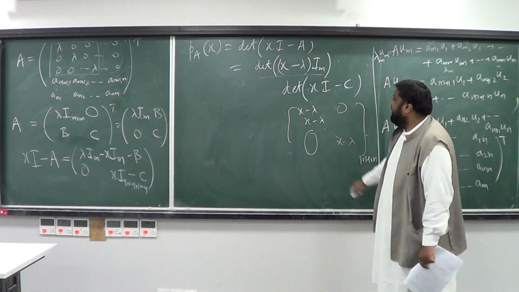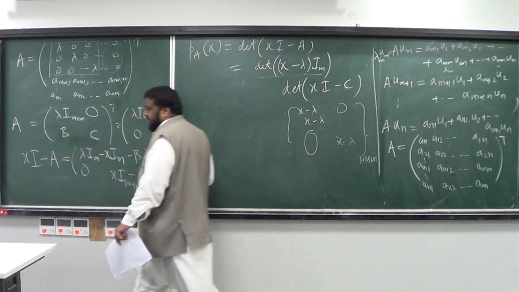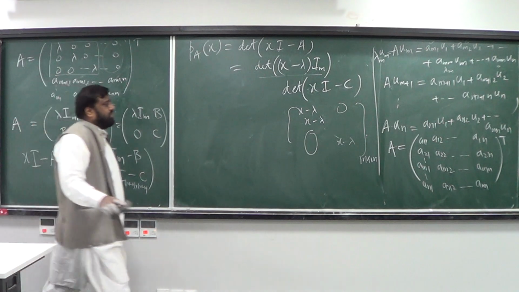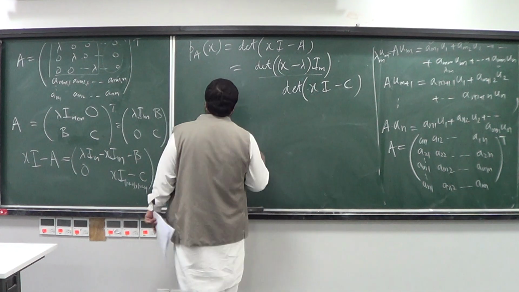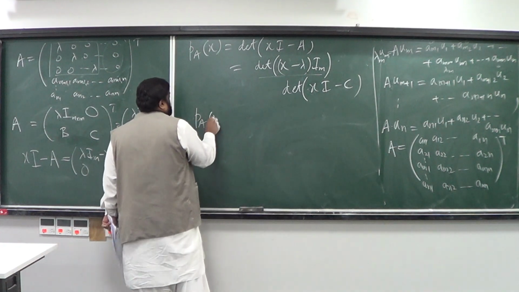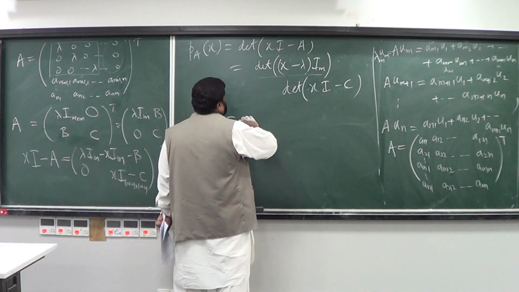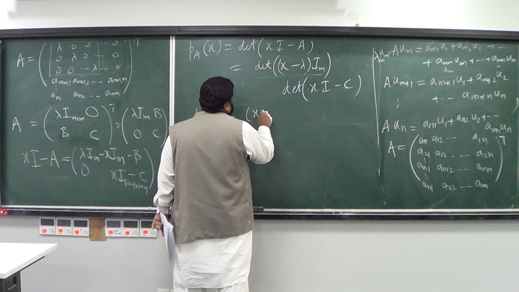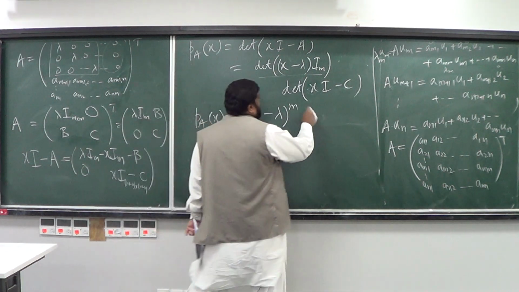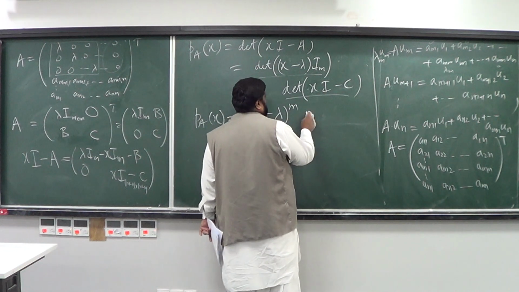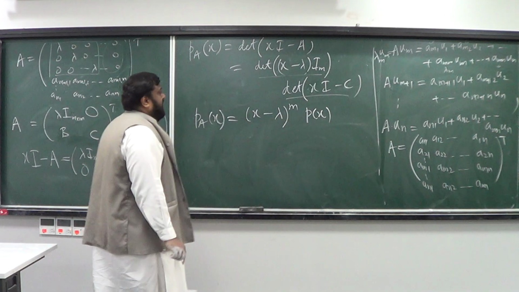So what would be the determinant of this matrix? The determinant of this matrix is going to be (x minus lambda) to the power m, times this, which I'll call some polynomial p of x.